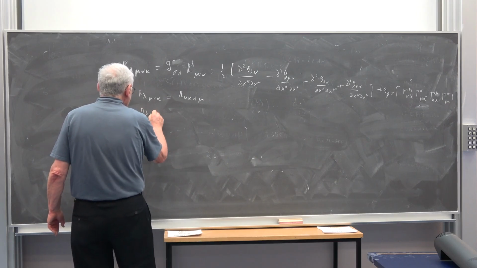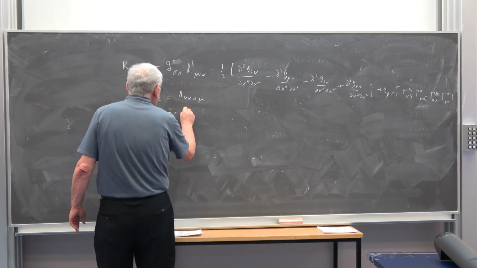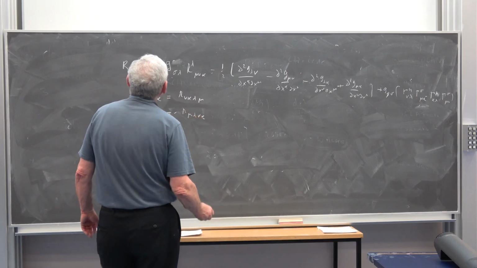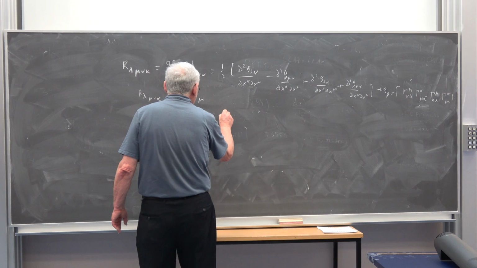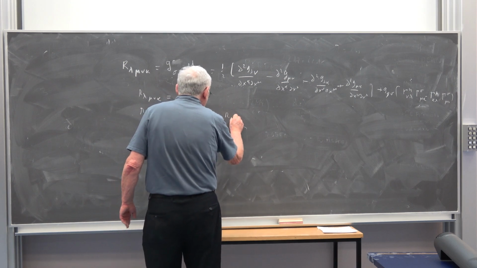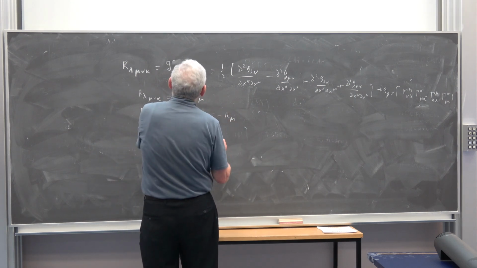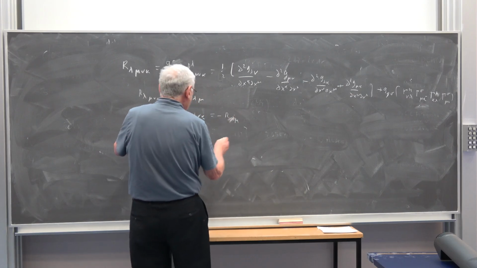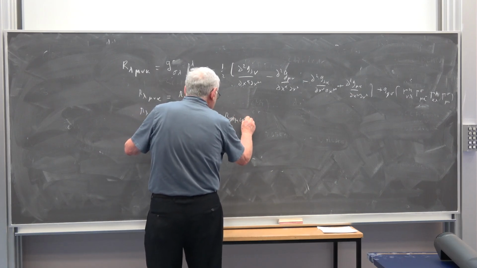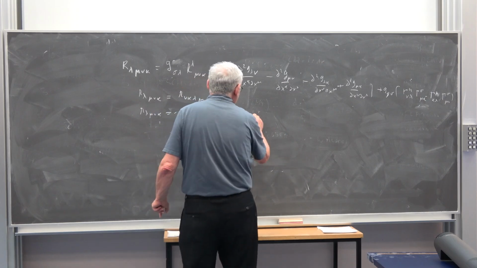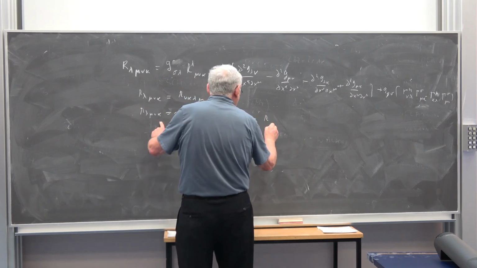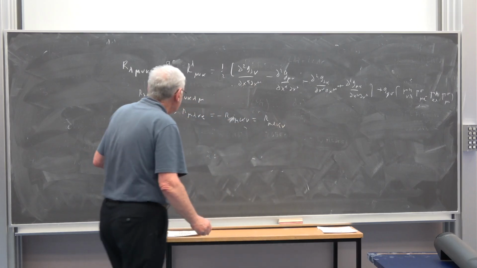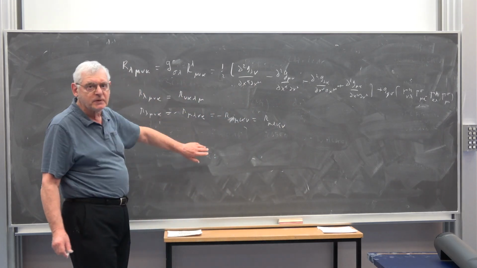R lambda mu nu kappa is equal to minus R mu lambda nu kappa, which is equal to minus R lambda mu kappa nu, and then this is equal to R mu lambda kappa nu. You just look at this expression, and it's very easy to read these off.